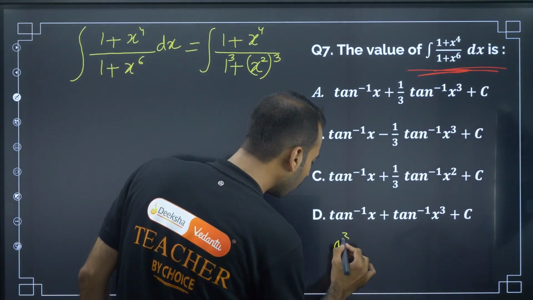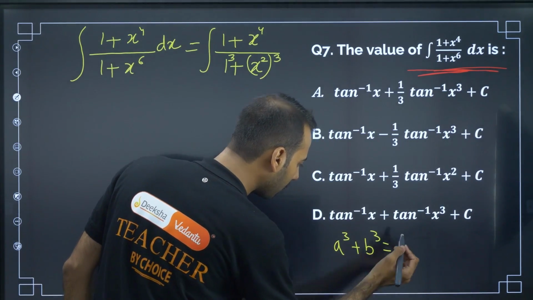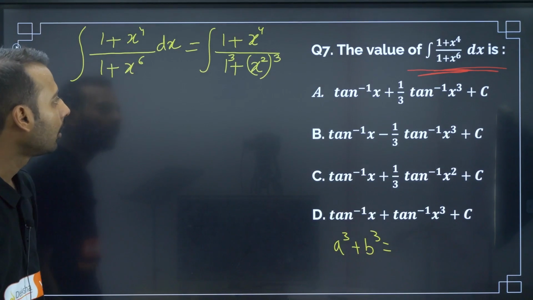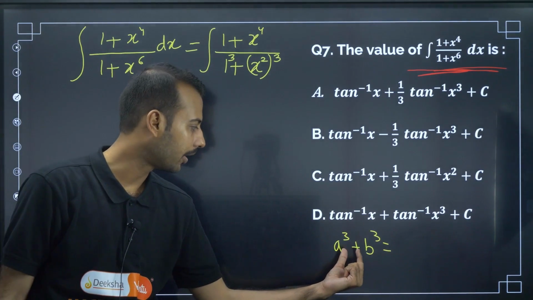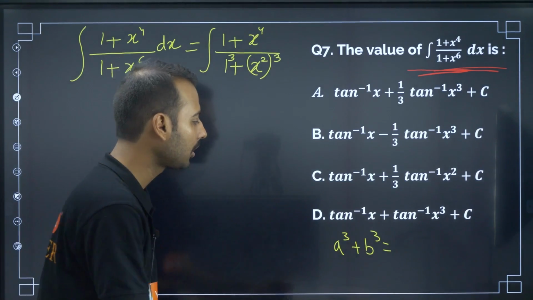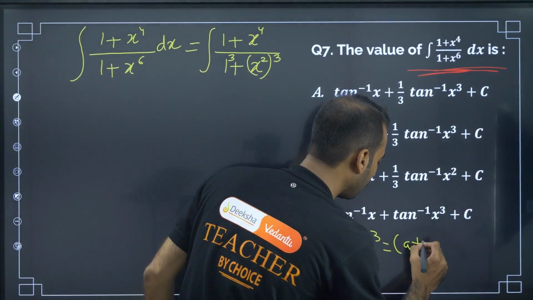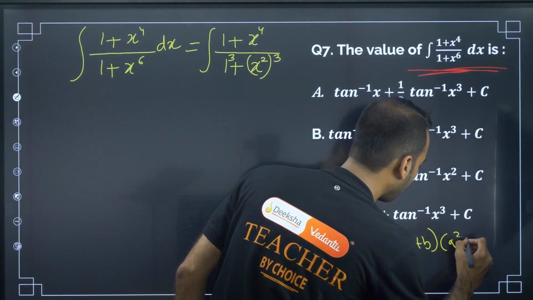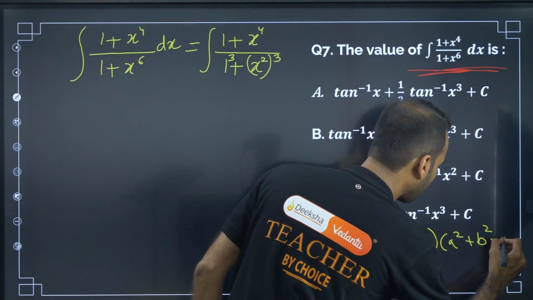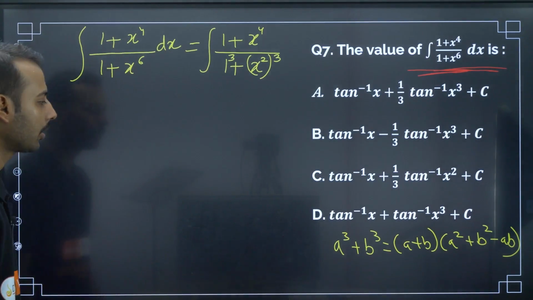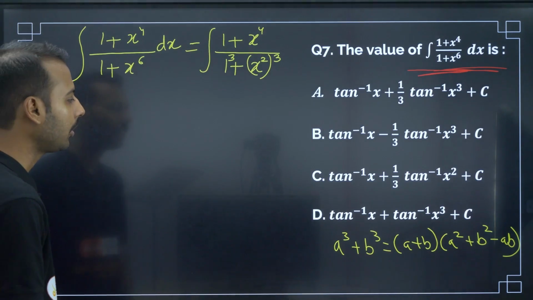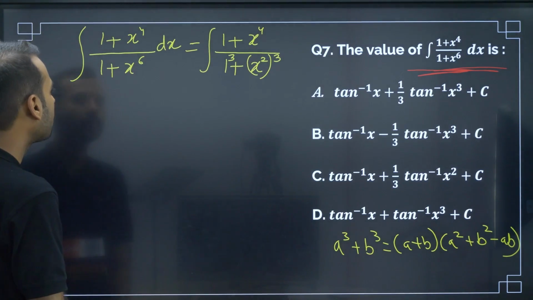Now a cube plus b cube. In our lower grades, before 10th standard, in 8th standard, 7th, we have some algebraic identities. a cube plus b cube is equal to (a plus b)(a square plus b square minus ab).